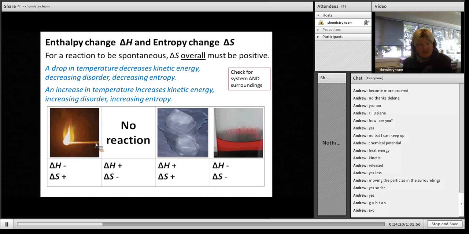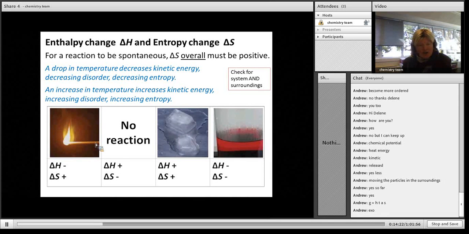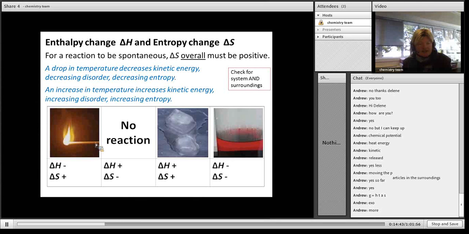And also think of what's happening in that match, you're getting wood, which is a whole bunch of big solid molecules being broken up into lots of little gaseous molecules. What do you think is happening to the entropy? Is it becoming more disordered or less disordered? More, because I've got lots of little gaseous particles, not even solid, running around now, so it's becoming a lot more disordered. So my entropy is positive.